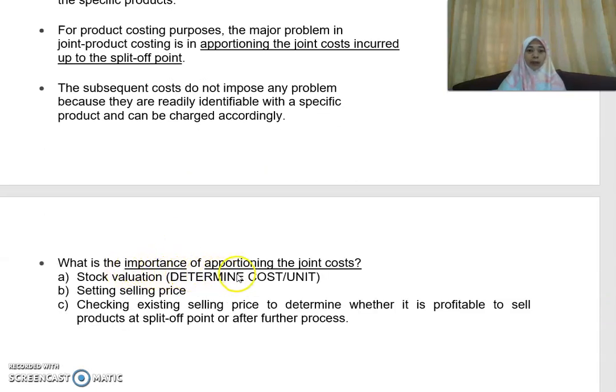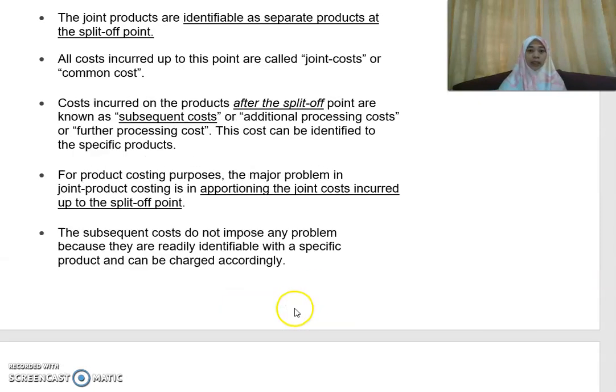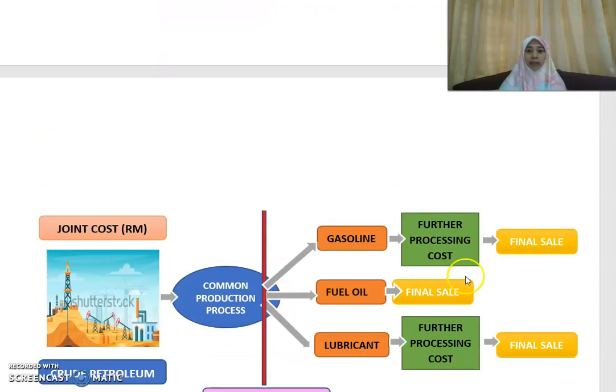So what is the importance of apportioning the joint cost? Maybe because you want to determine the stock valuation and the cost per unit. You want to determine the selling price. Before you can set the selling price, you need to know how much is the cost.